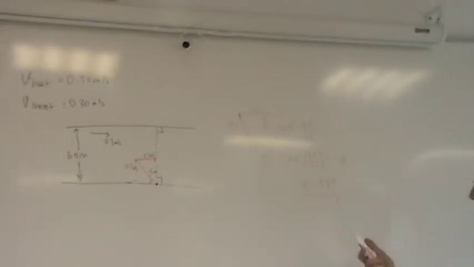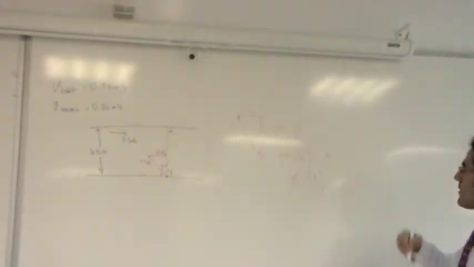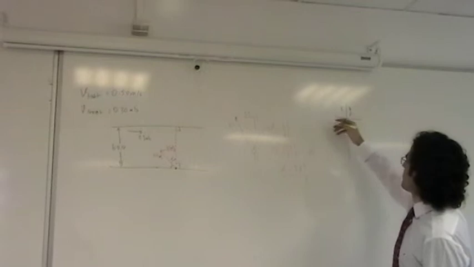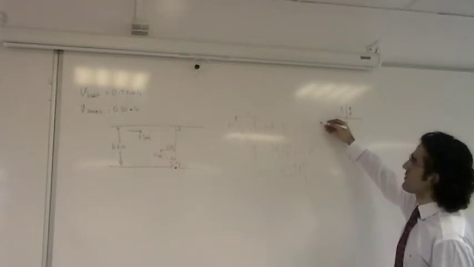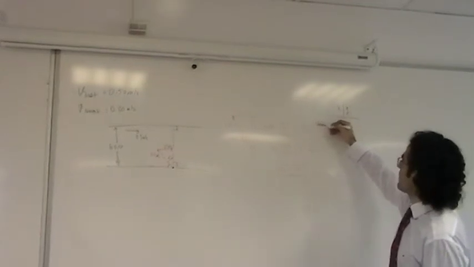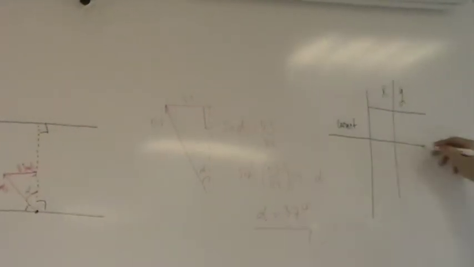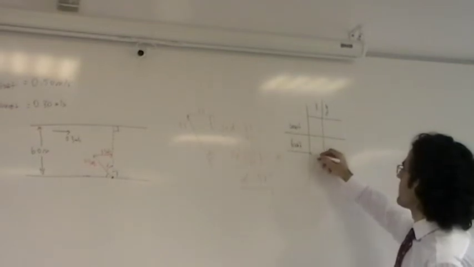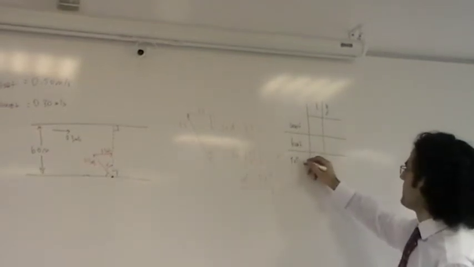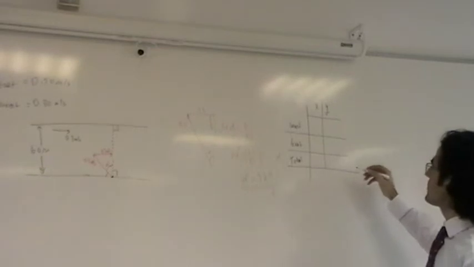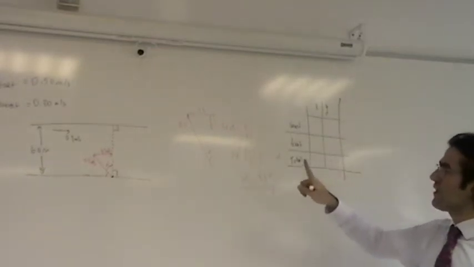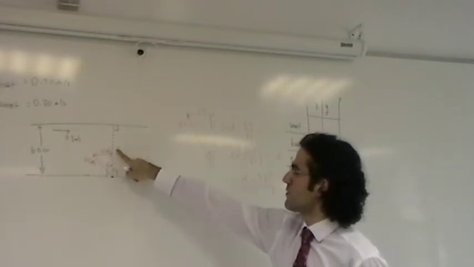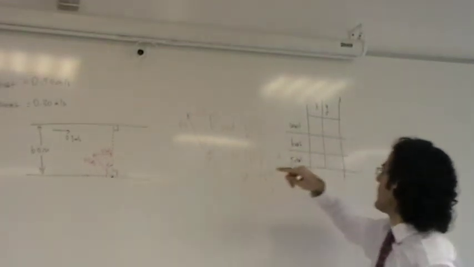The other way of solving this question is to make a table. You can say there are x and y components of the velocity of the current and the velocity of the boat, and the total of them should give you a velocity vector which does not have any x component.